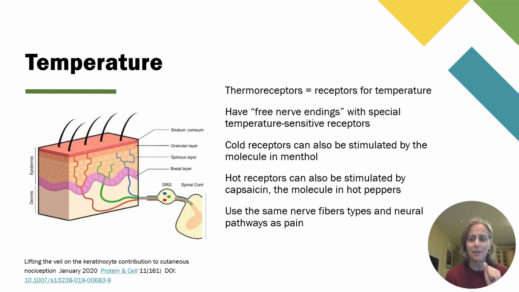And I didn't write down the name of that. So wasabi is that green stuff that comes with your sushi. Japanese, really spicy, comes from a root. Anyway, so temperature is going to use the same nerve fiber types and neural pathways as pain. So I'm not going to talk about them now because we're going to talk about them when we talk about pain, and then just know it follows the same pathways.